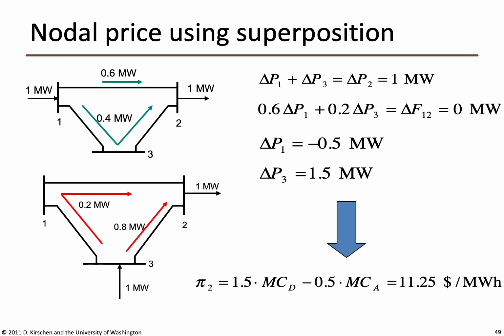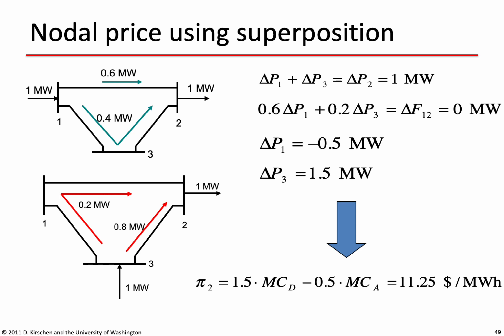So what we want is delta P1 plus delta P3 must be equal to delta P2, which is 1 megawatt. And we want a delta F12 which is equal to 0.